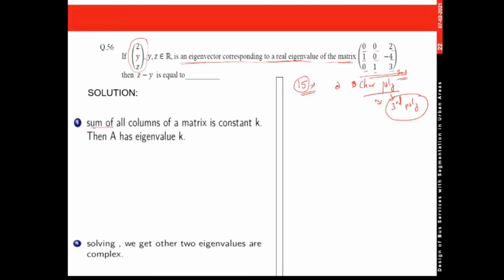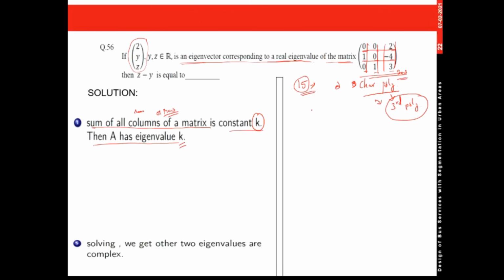If the sum of all columns of a matrix is k, then A has an eigenvalue k. Actually, it is row or column. So if the sum of the elements in each row or column is equal to k, then A has an eigenvalue k.